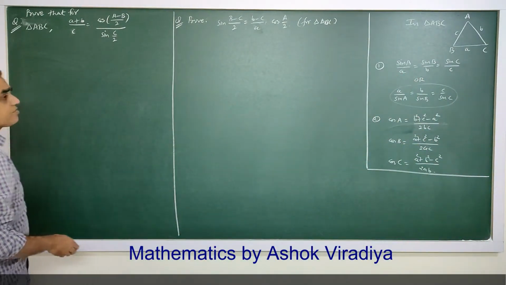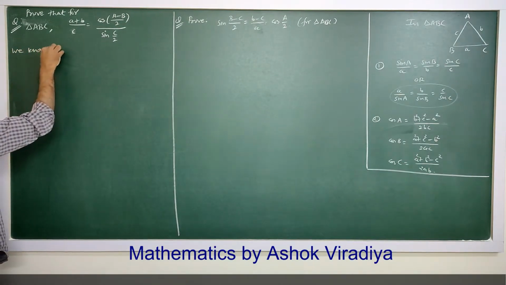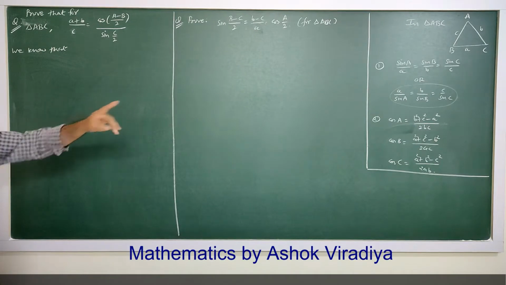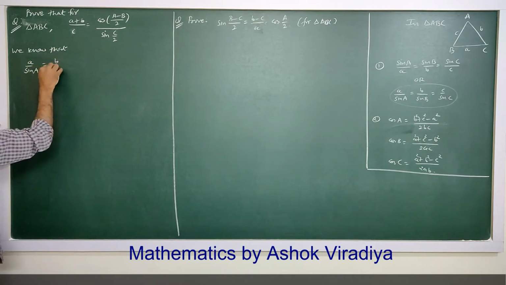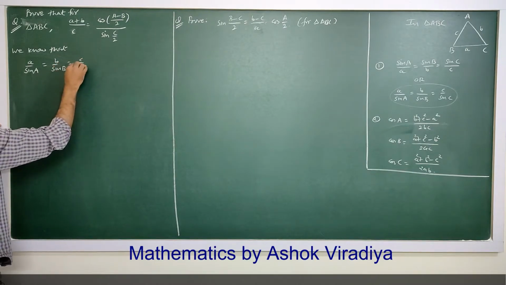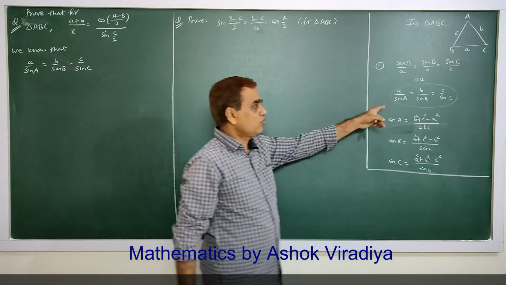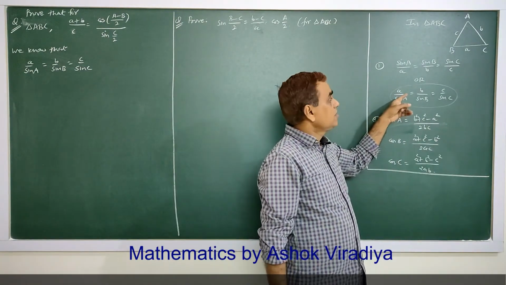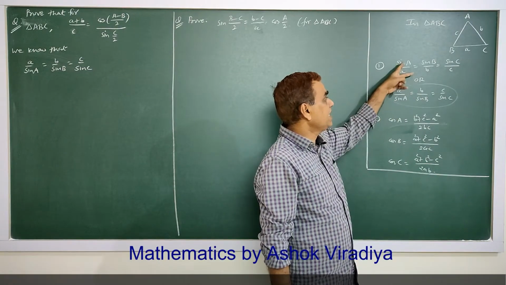Before putting values, let me take this statement. We know that A upon sine A equal to B upon sine B equal to C upon sine C. This is the sine rule. It can be used in this form as well as in this form; the meaning is the same.